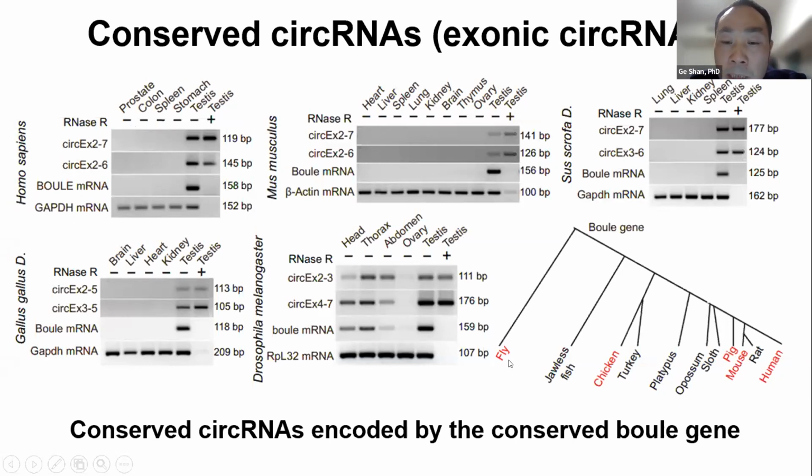We examined fly, chicken, pig, mouse, and human, and we call it circBoule. circBoule RNAs can be found from fly all the way to human, and in mammals it is especially expressed in the testes.